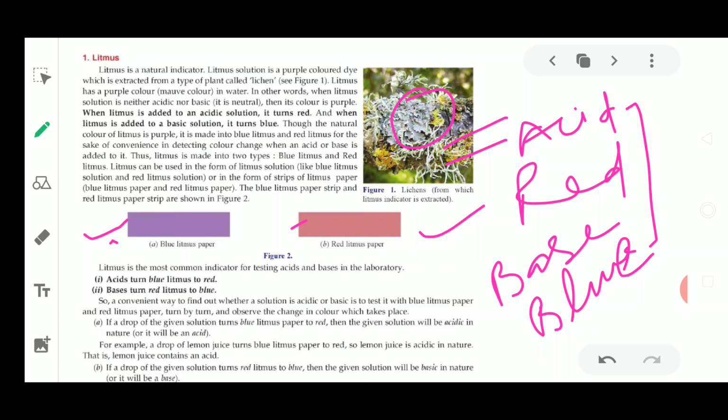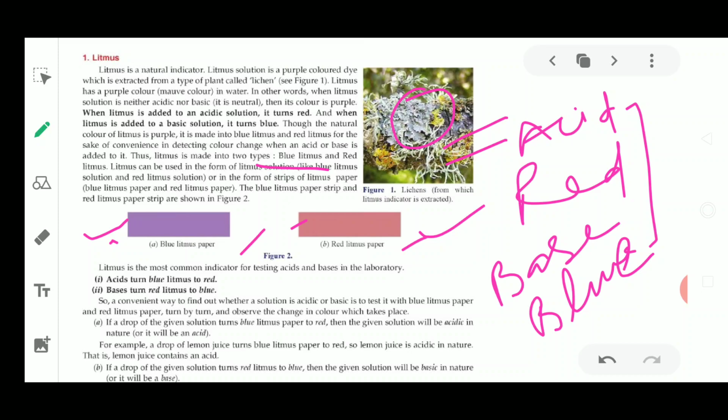Litmus can be used in the form of a solution also, just like paper. The diagram given here below shows papers, but you could use liquids also. Now the litmus strips are two in color, blue litmus and red litmus. How are these papers used for indicating acidic or basic substances?